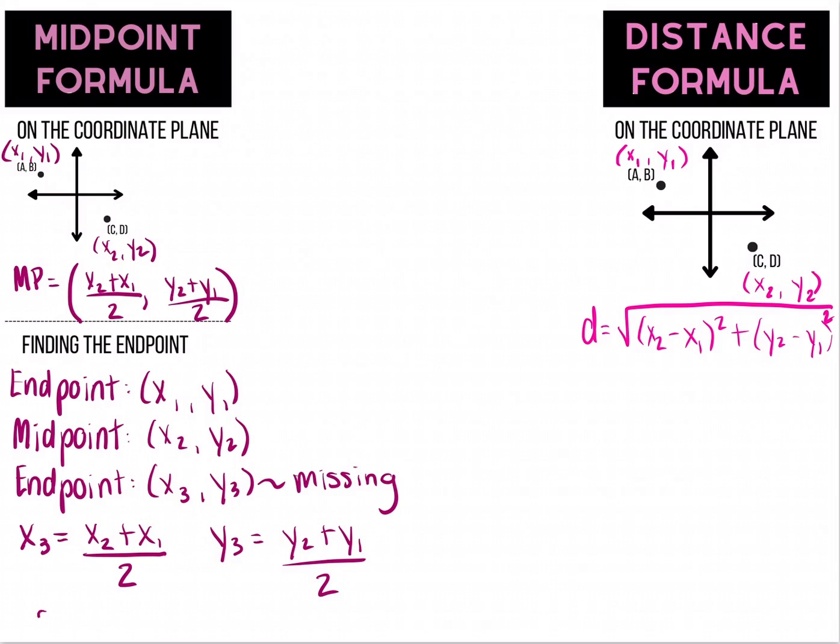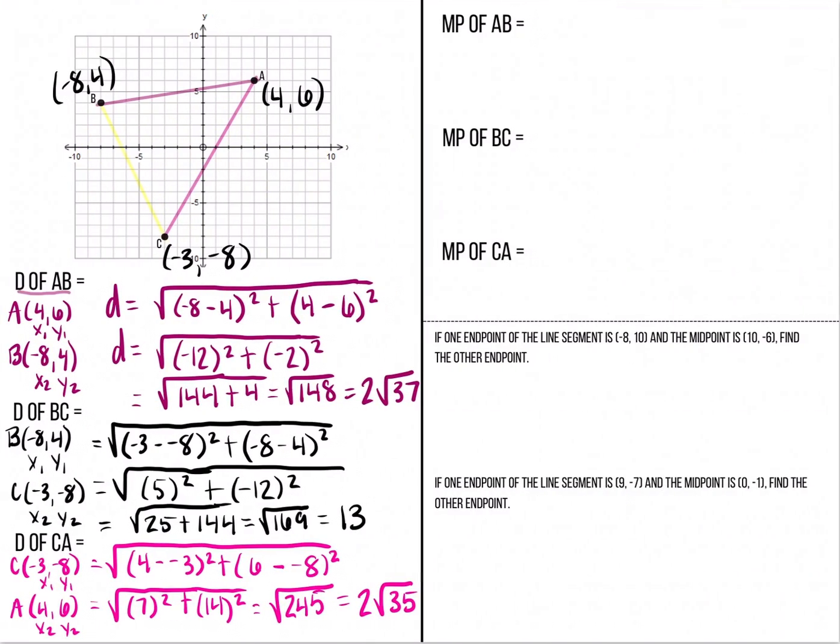Then you would just solve for x2 and solve for y2. Okay, so that's kind of the formula. You'll understand that a little better once we do an example. So let's go into the thing.